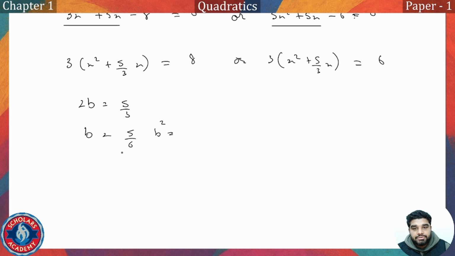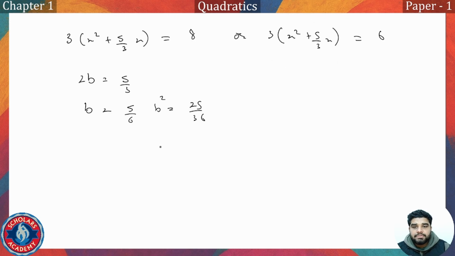b² should be 25/36. Similarly for this, both the terms are the same, so I will add and subtract. I can also write these equations as x² + 5/3 x = 8/3, or x² + 5/3 x = 6/3, that is 2, right?